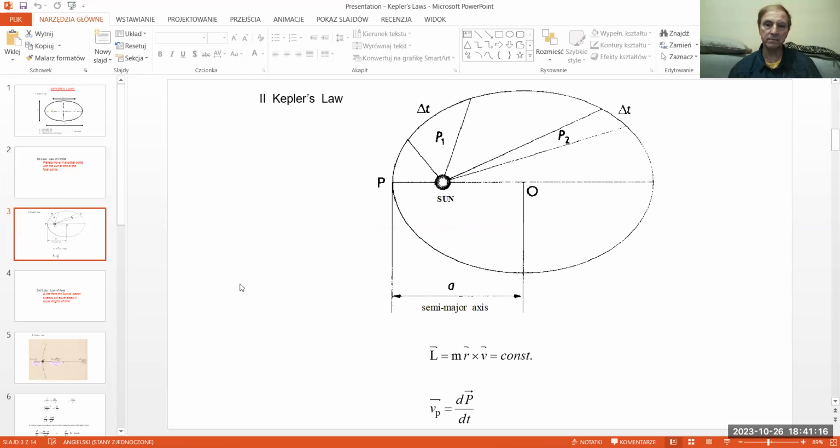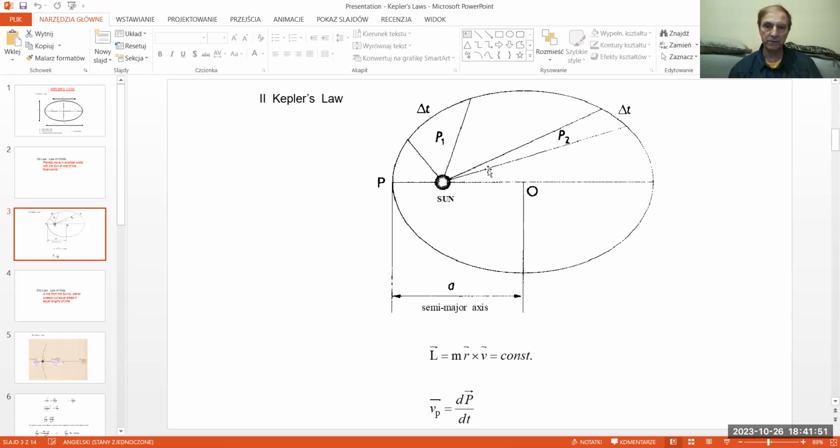Now the second. Again, we have the same ellipse, or an analogous ellipse, like this. The Sun is located in one of the focal points. A given planet is moving in this ellipse. Say that the planet initially is at this point, and after a certain time, delta t, the planet is over here at this point.